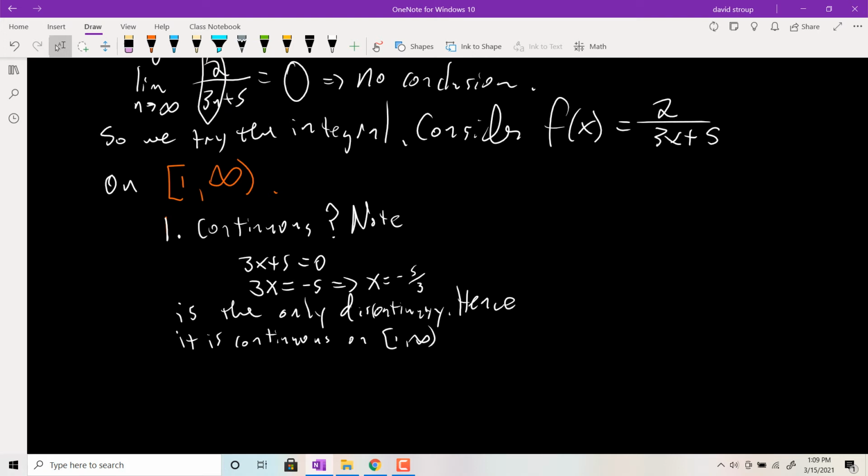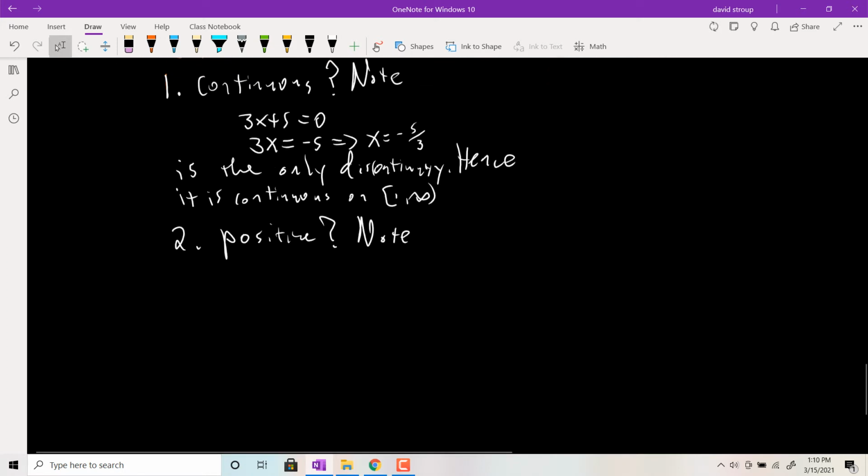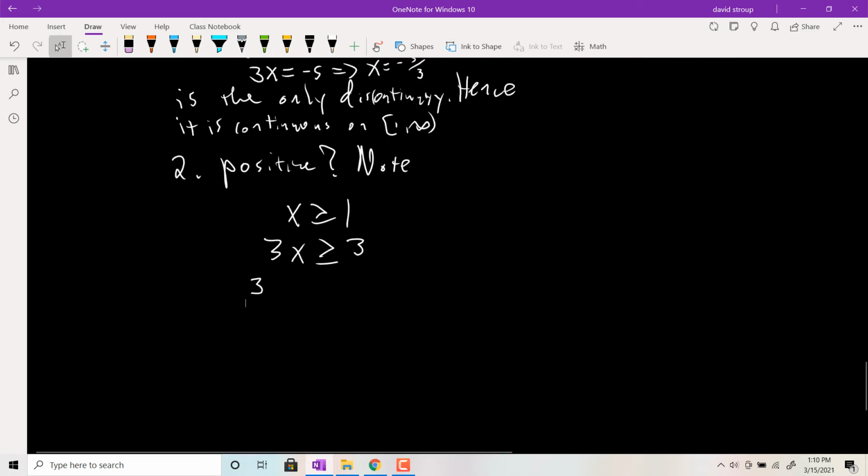Okay. Secondly, then, is it positive? Note x was originally supposed to be greater than or equal to 1. If you multiply both sides by 3, 3x is greater than or equal to 3. Then if you add 5 to both sides, you get 3x plus 5 is greater than or equal to 8, which of course is greater than 0.